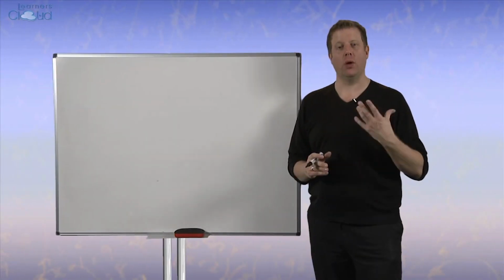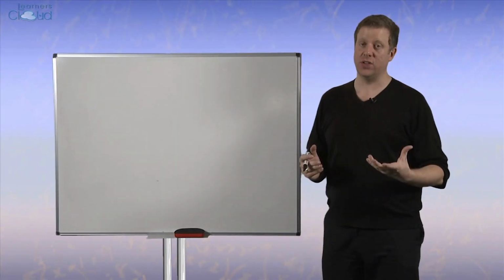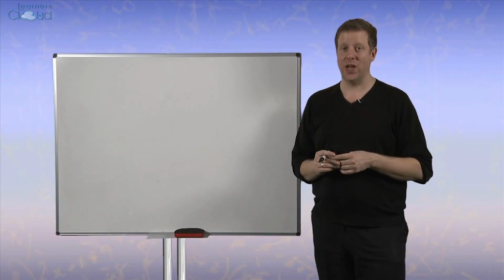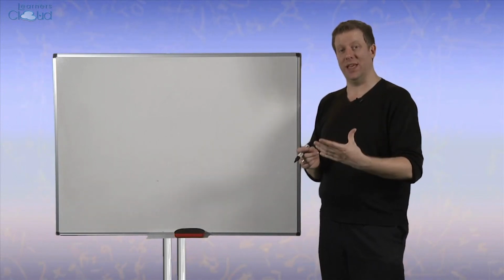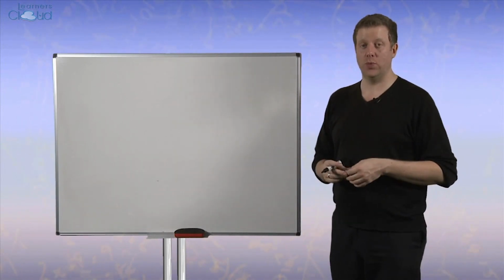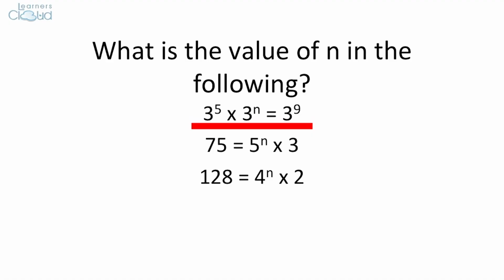Now, sometimes you won't just be required to work out the answer to an index notation calculation. They may well ask you for one of the numbers within the calculation, and they'll provide you with the answer to help. So if we take a look at this calculation here, 3 to the power of 5 multiplied by 3 to the power of n equals 3 to the power of 9. And they want us to write down what n is worth.